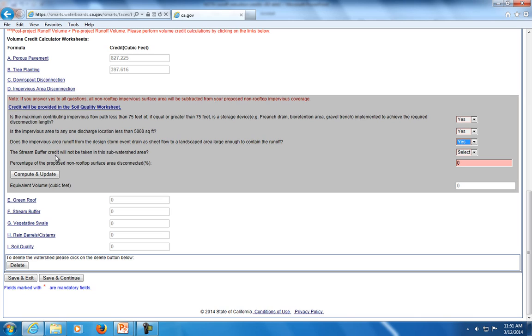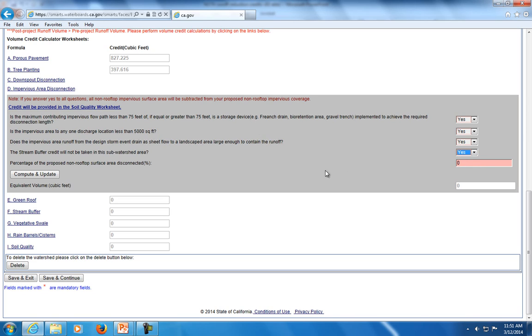When we get to credit F, two credits from now, we'll simulate that. We'll say there's a stream running on the perimeter of the project that we might be able to drain a portion of that impervious area to, and get credit for that. But this particular question wants to make sure that you're not double counting and using the stream buffer credit towards the impervious area disconnection credit, because they're very similar credits. So I'm going to answer yes for that.